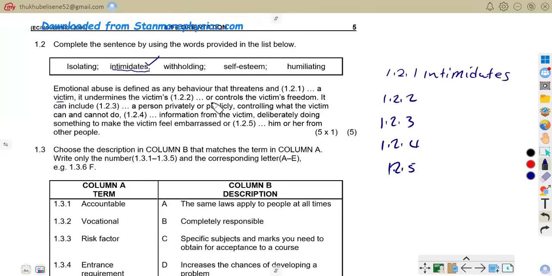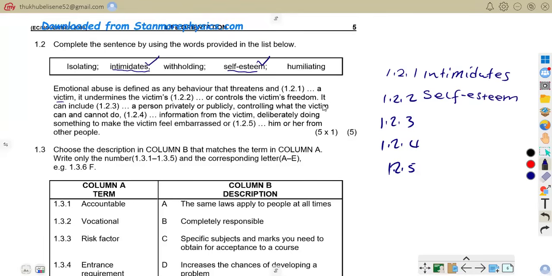So it means it undermines self-esteem. The correct answer is self-esteem. It undermines the victim's self-esteem or controls the victim's freedom.